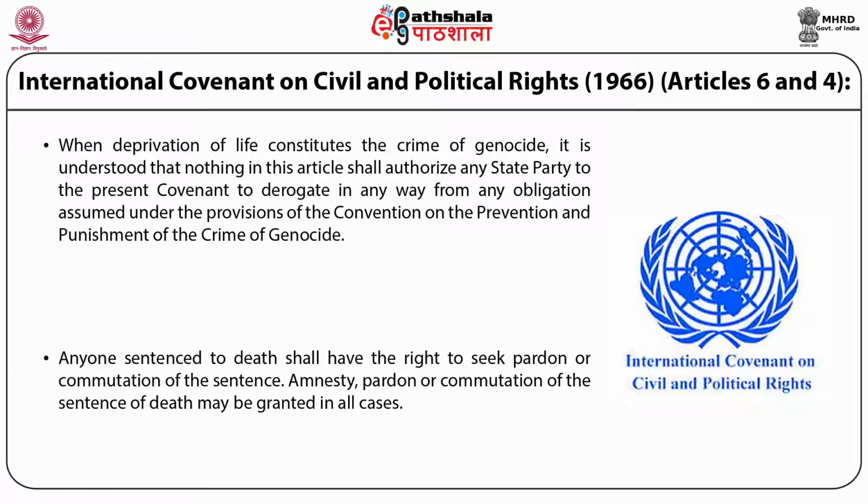There is absolutely no bar, according to the ICCPR, on cases in which amnesty, pardon or commutation of the sentence of death may be granted. Essentially, the ICCPR simply states that if a case is fit and the concerned authority believes that the death penalty should not be carried out, there is no bar under the International Covenant on Civil and Political Rights from granting amnesty or pardon in that case.